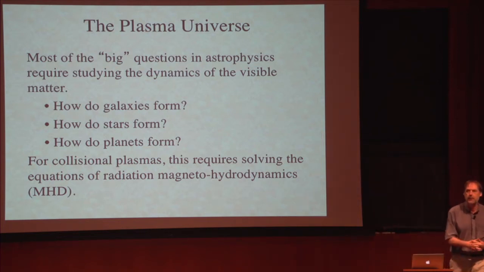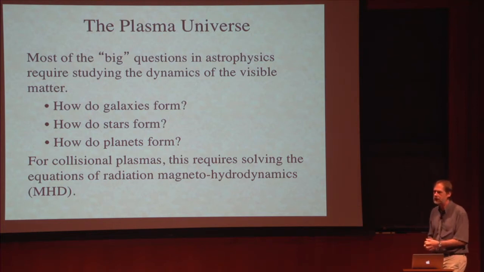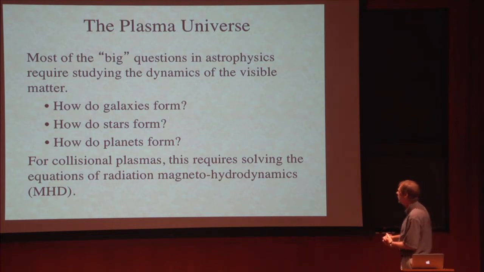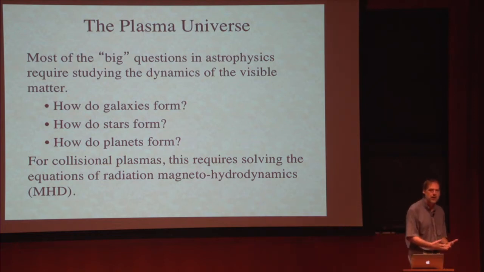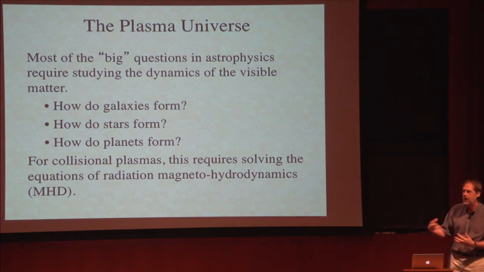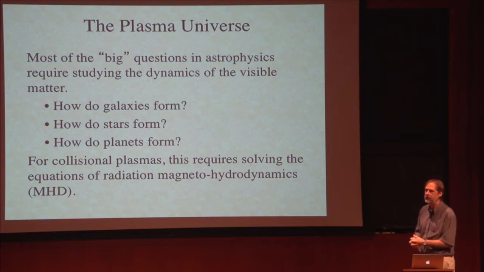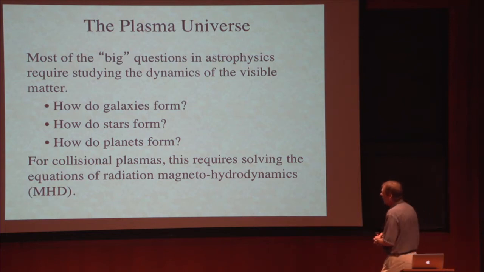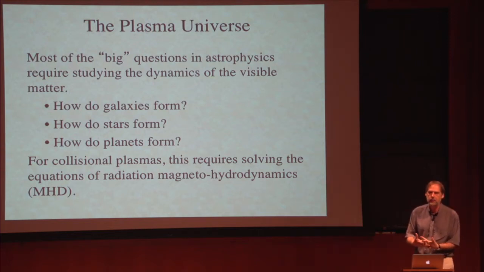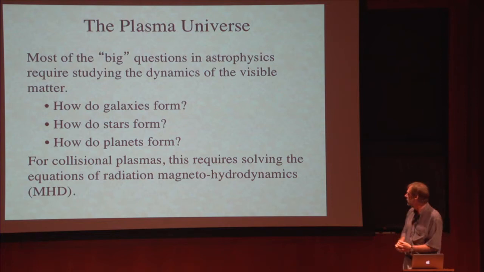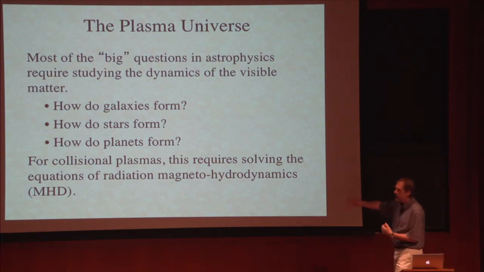That's a plasma problem. How does the plasma undergo gravitational instability and collapse to make stars? How do planets form? Once a star is formed and is surrounded by a nascent protoplanetary disk, how does that disk fragment into the planets that make up the exoplanetary systems we see today? Those are all big questions, and they all require modeling the baryons, modeling the plasma. And so for a collisional plasma, this requires solving the MHD equations.